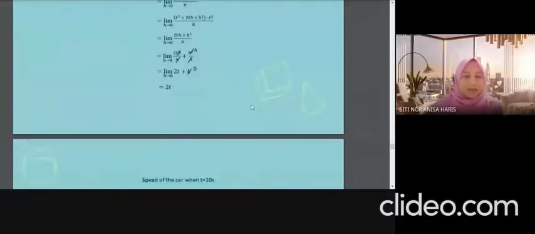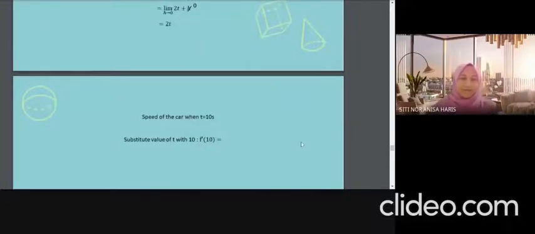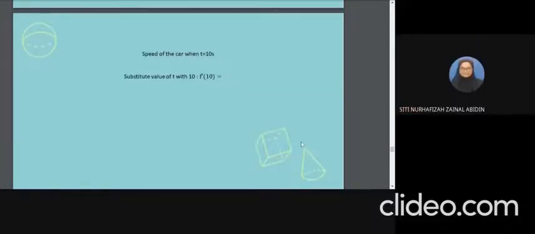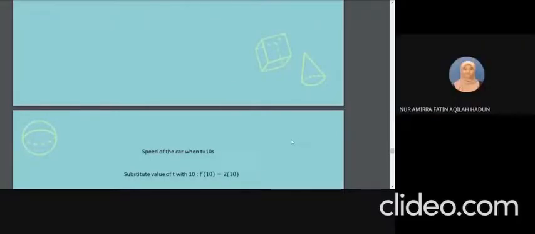From the question, we need to find the speed of the car when t is 10 seconds. So what we need to do is substitute the value of t with 10. So f prime of 10, we will get what, class? 20 meter per second.